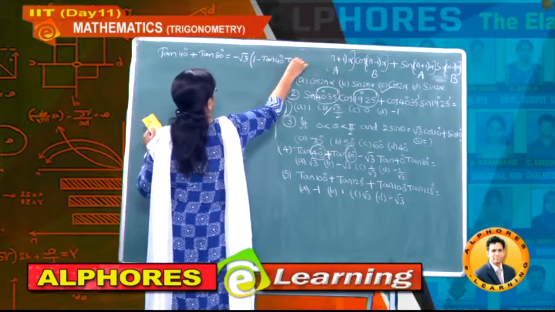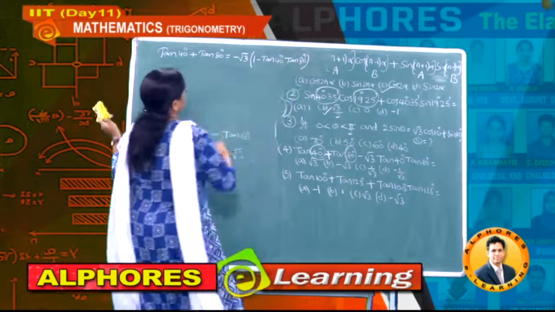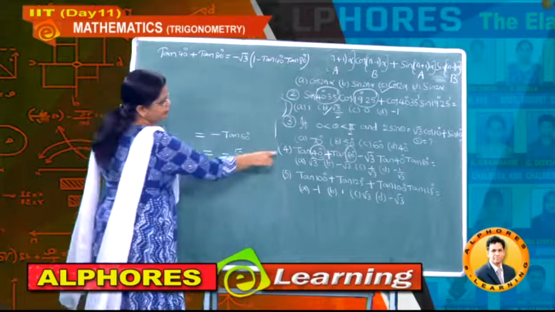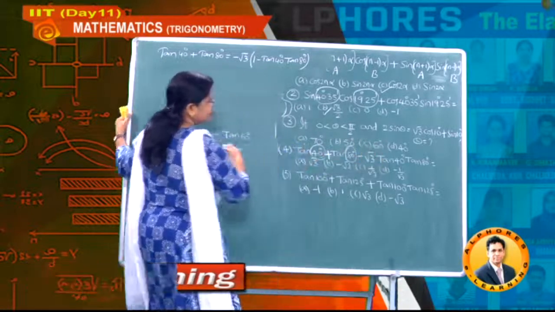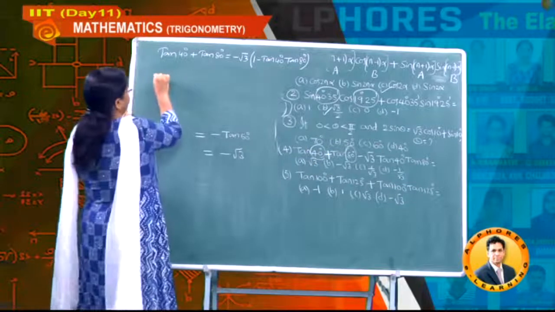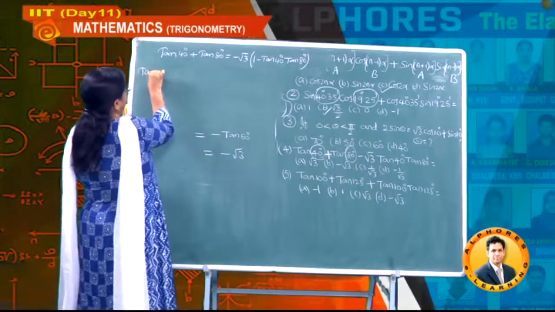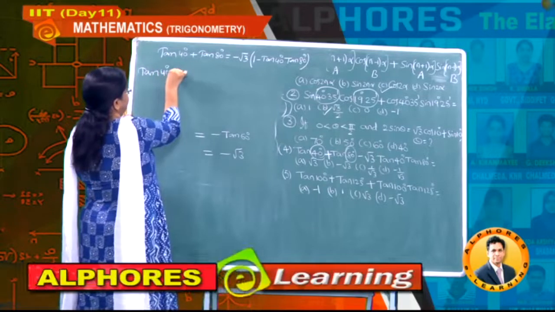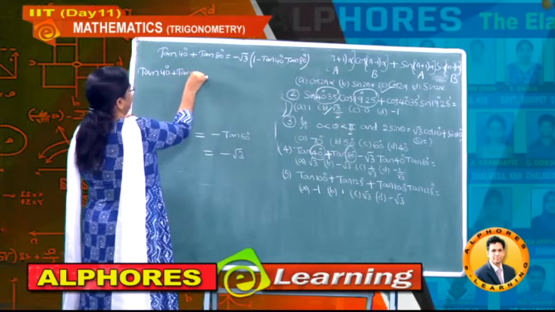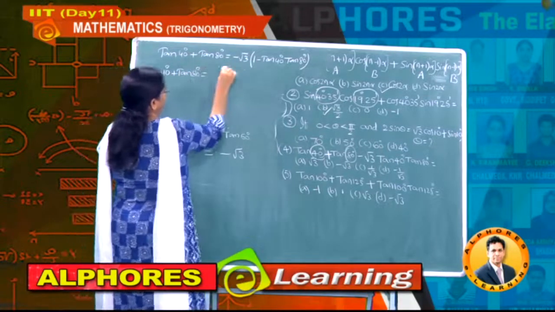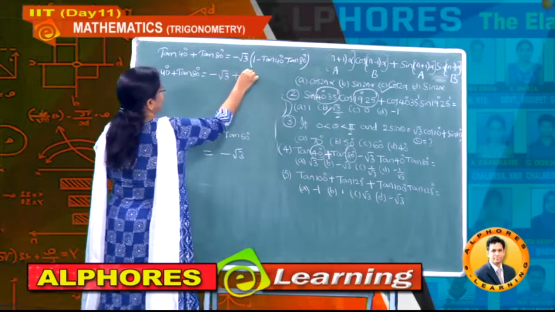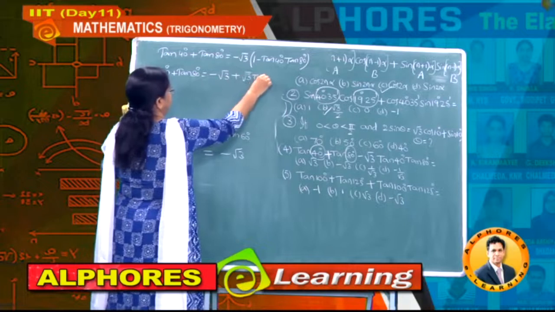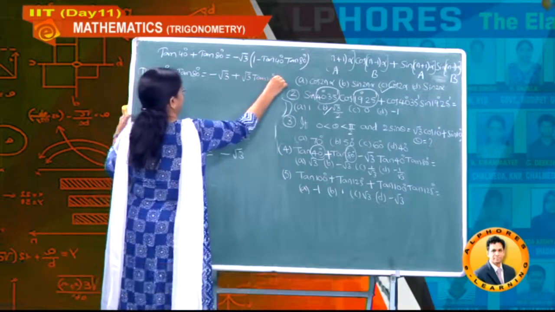So you got this value. Now we require this thing, that means they asked for the root 3 value, so it should come to this side. Therefore let us write tan 40 degrees plus tan 80 degrees equals, let us multiply, minus root 3 into minus, plus root 3 times tan 40 into tan 80 degrees, got it.